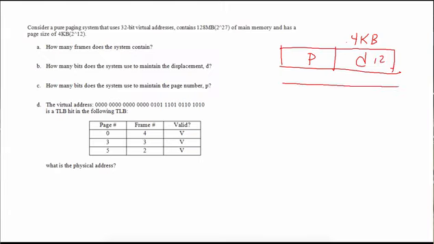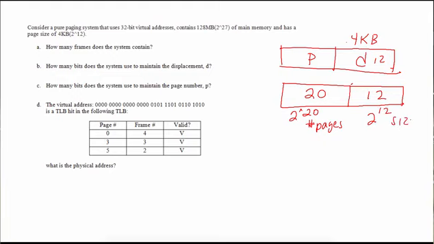So your virtual address is split up with 12 bits for the offset, and if it's 32 bits, that leaves you 20 bits for the page. So you can have 2 to the 20 number of pages, all of size 2 to the 12.